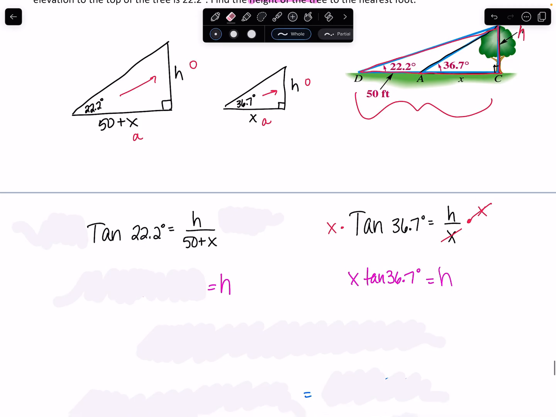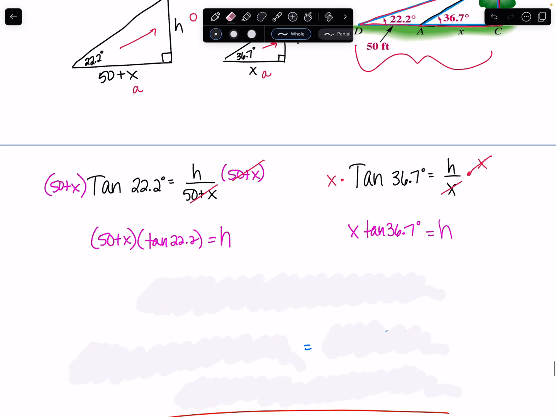Let's do something similar in the other equation, trying to solve for h, getting h by itself. So let's multiply both sides in this equation by 50 plus x. The 50 plus x on the right side should reduce, and then I'm left with an equation that says h equals 50 plus x times the tangent of 22.2 degrees, right?